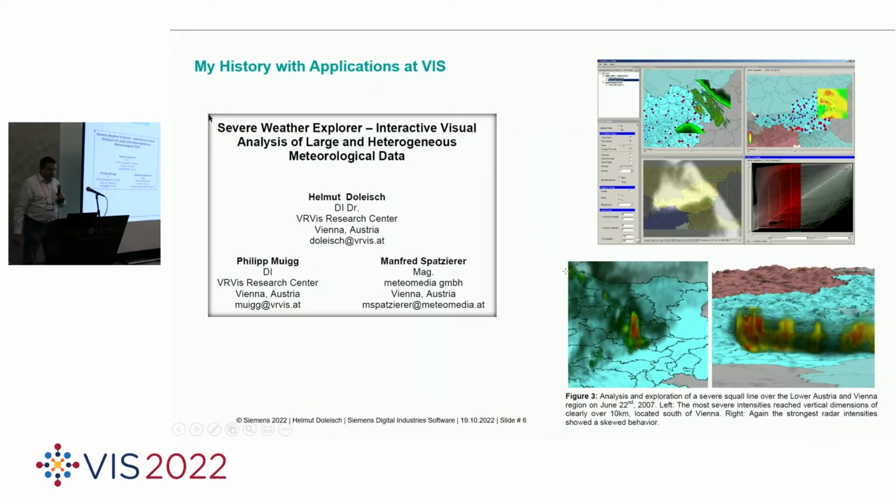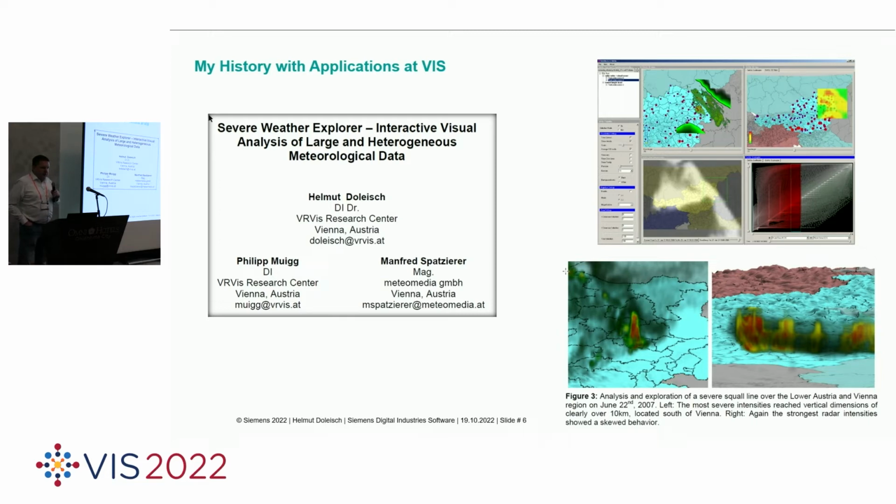One more example here from a completely different field. That's work that we did together with meteorologists in Austria. There is a group, Meteomedia, which is doing severe weather warnings for Austria. And in this specific case, we were looking at how we could apply our visual analytics techniques on 3D radar data from weather radar.